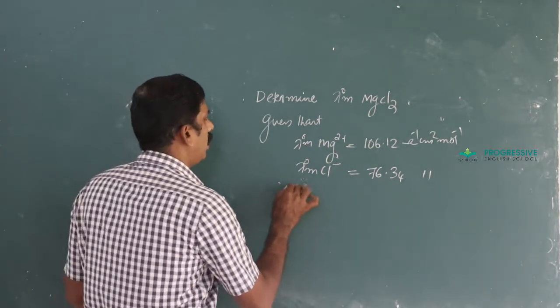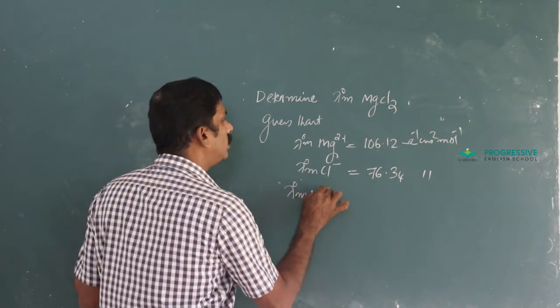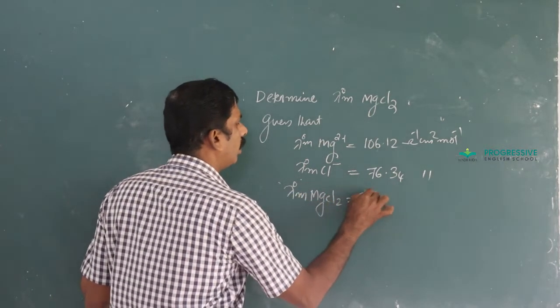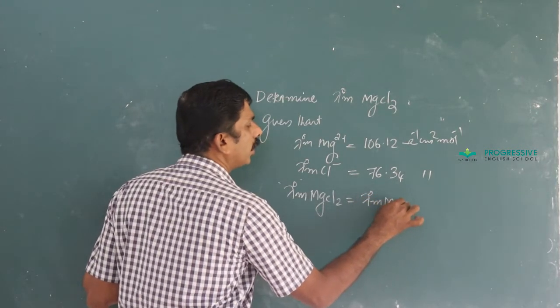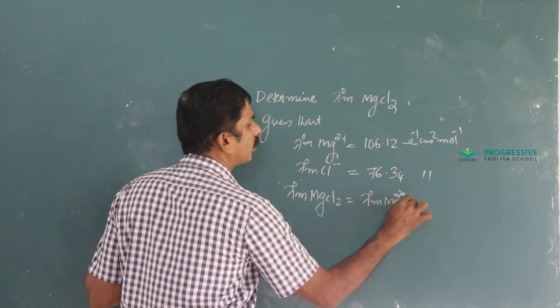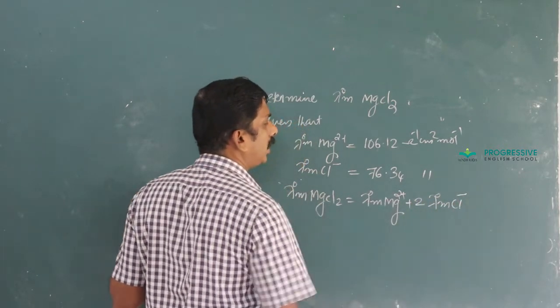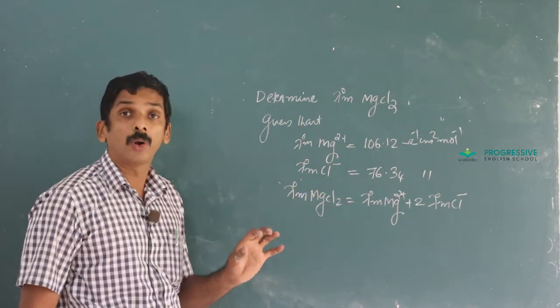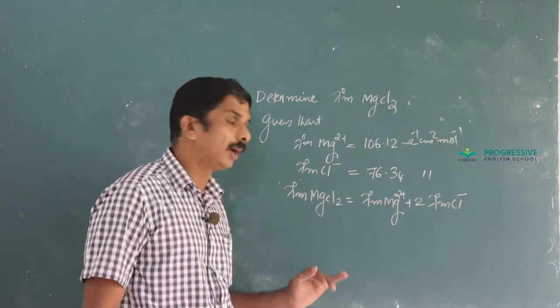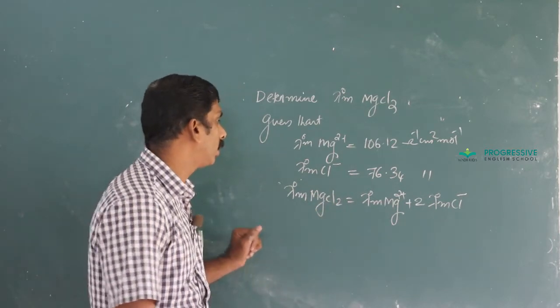Here, lambda 0m MgCl2 equal to lambda 0m Mg2 plus 2 into lambda 0m Cl minus, because one molecule of magnesium chloride contains 2 chlorine atoms.